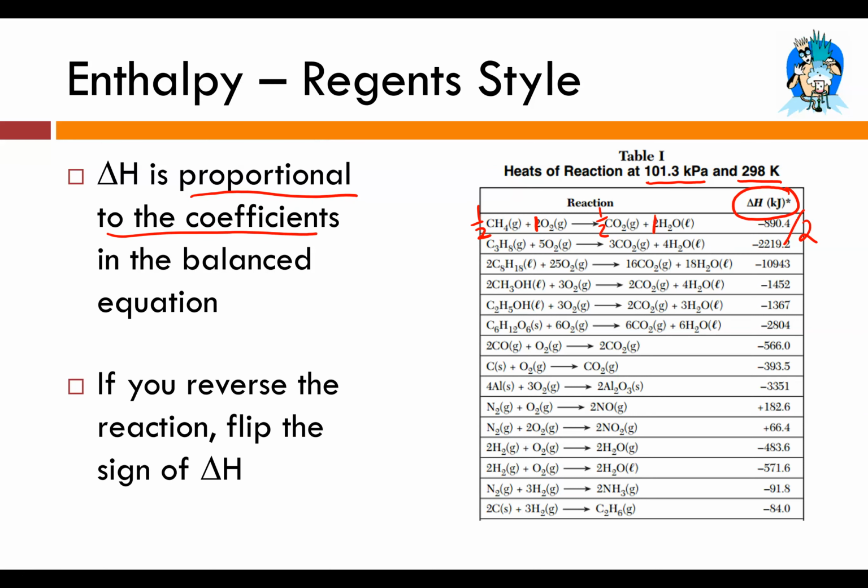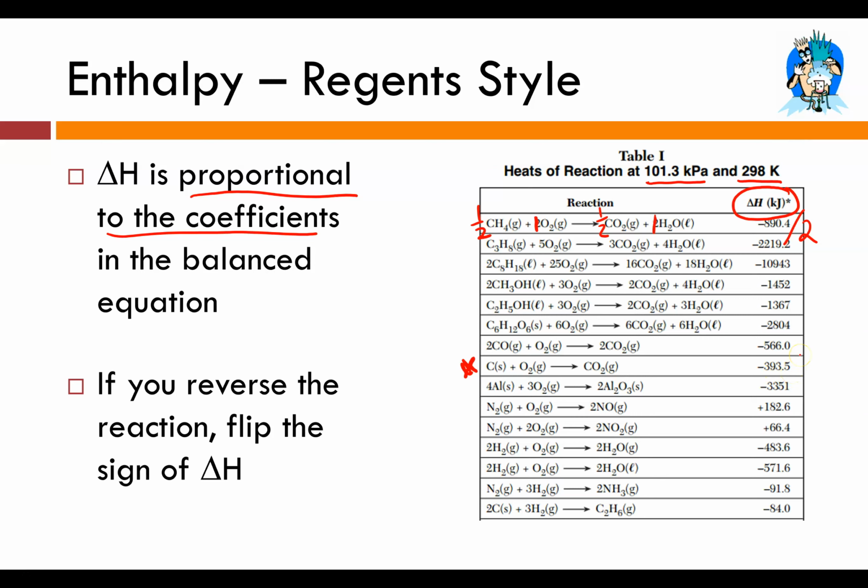The other little trick that we have to use with table I is if we reverse the reaction, we're going to flip the sign of delta H. So let's look at this equation here. We have carbon reacting with oxygen to produce carbon dioxide gas, and that process is exothermic and releases 393.5 kilojoules of energy.